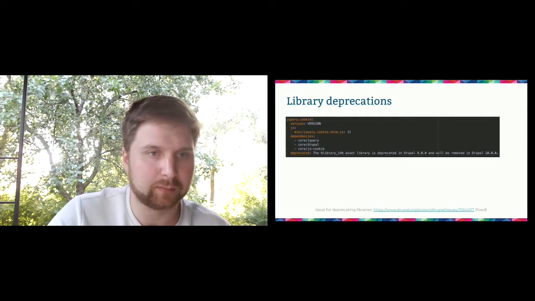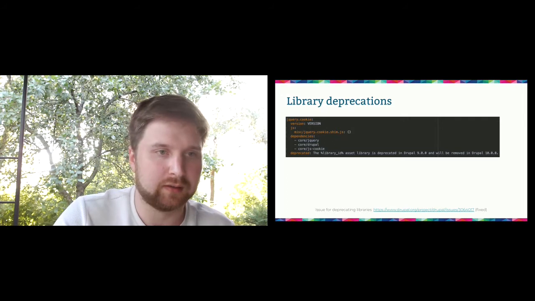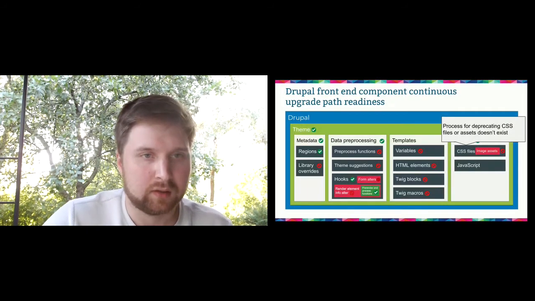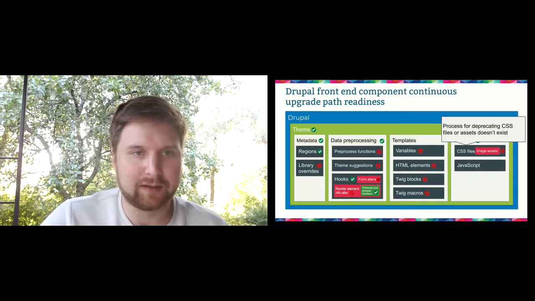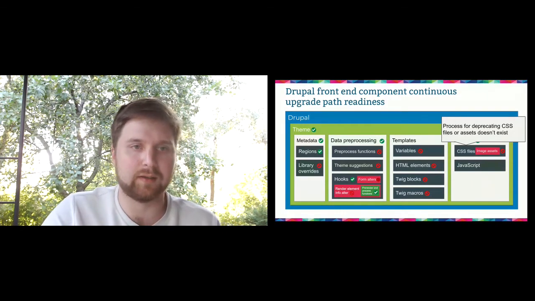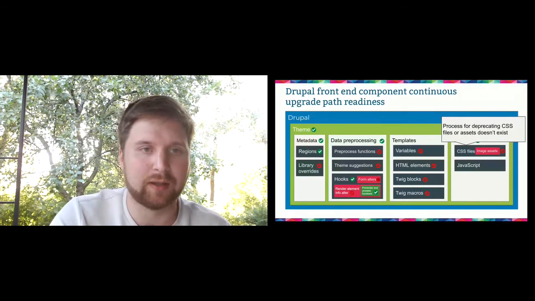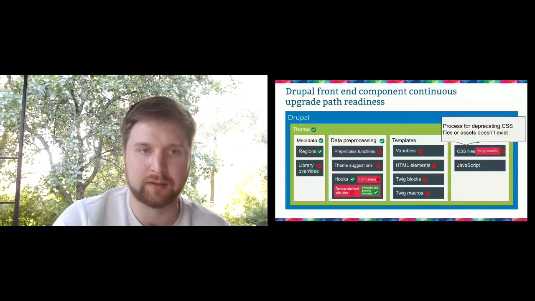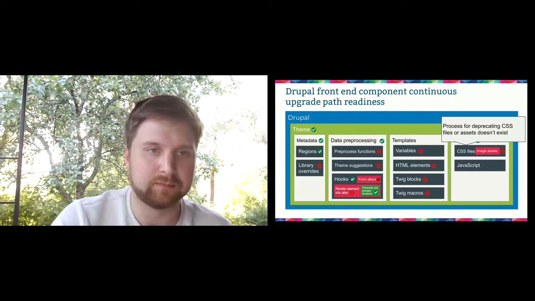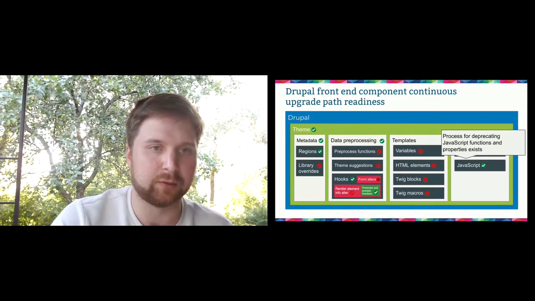There's an issue on the bottom if you're interested to see how this was done. Then we have individual CSS files or maybe individual CSS selectors or rules. We don't have a process for deprecating those. Again, probably doesn't make that much sense, but for the sake of tracking what can be quite easy for us to change and what is not, marking it here as something that we don't have.